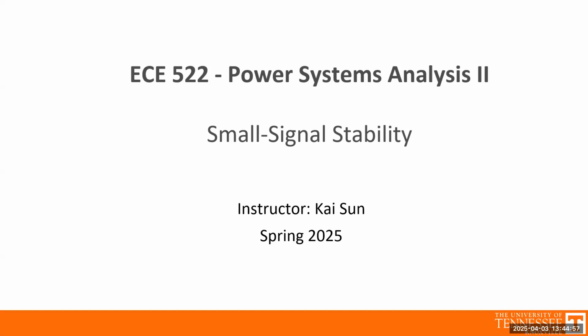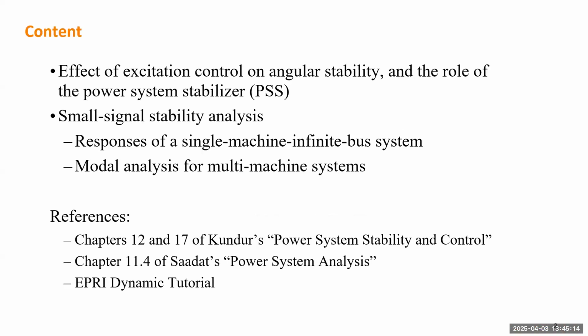We'll first need to address that problem. Do you remember what that is? What have I not covered in the voltage control regulation session? That is the power system stabilizer, right?